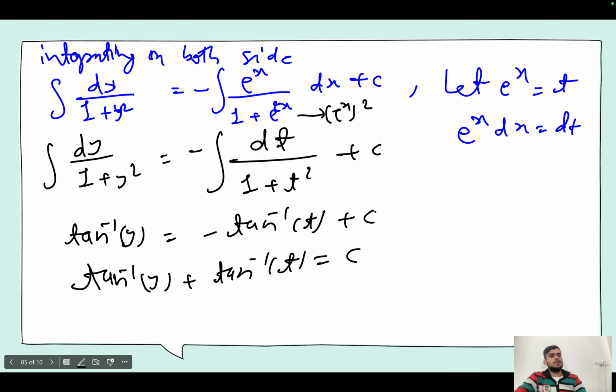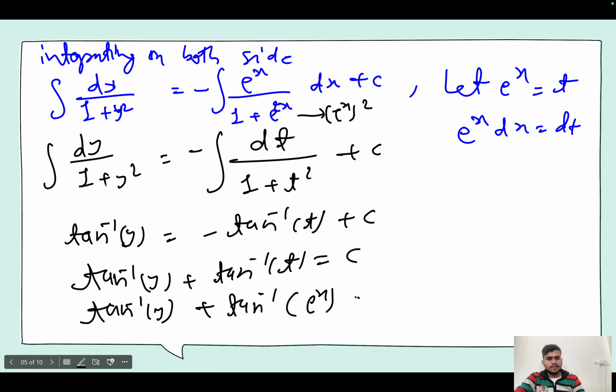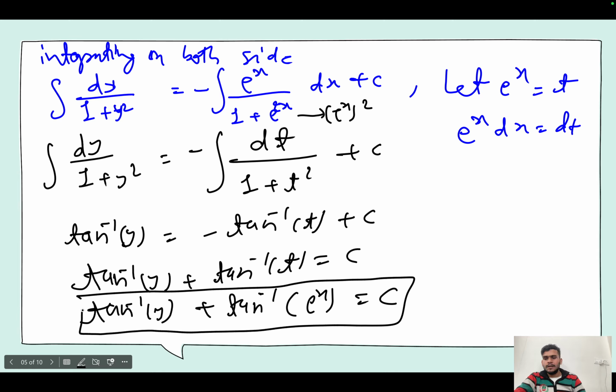Now put the value of t here, so it will become tan inverse y plus tan inverse e to the power x is equal to c. This is the required solution, but this is the general solution.